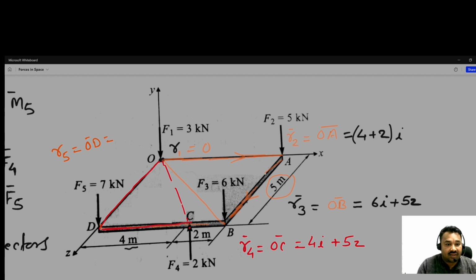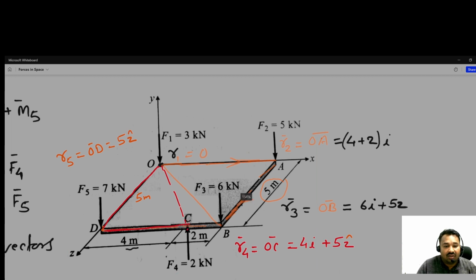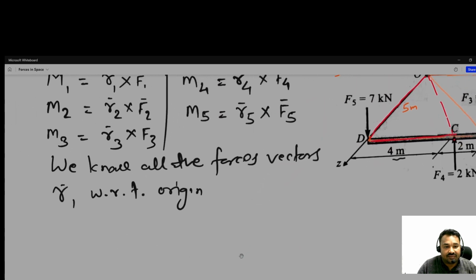We have to reach OD. So from here you can see it is 5 meter, so here 5 and k cap. In this way now we have the values of the position vectors.